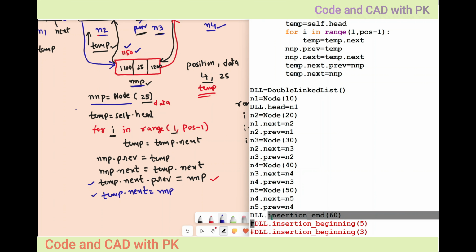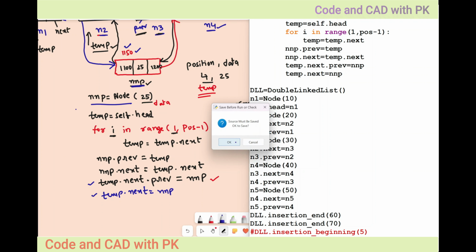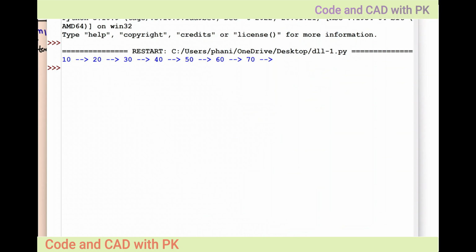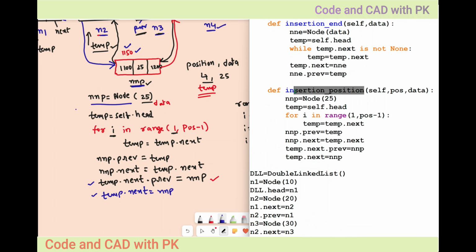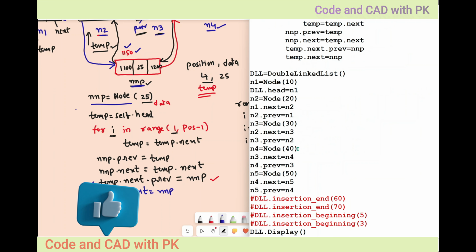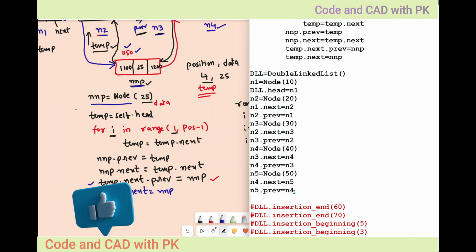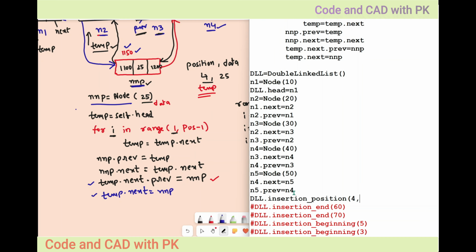Similarly, copy this one, control C, enter, control V with 70. Run it. 70. Now we will insert at a particular position. For that, copy this one, insertion position. Okay, enter, dll dot control V, position 4 comma 25.